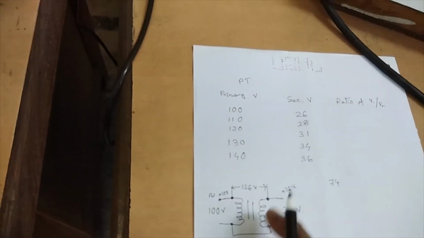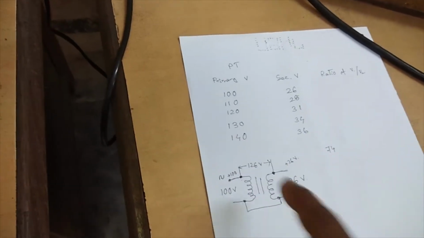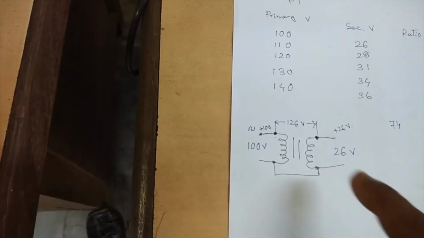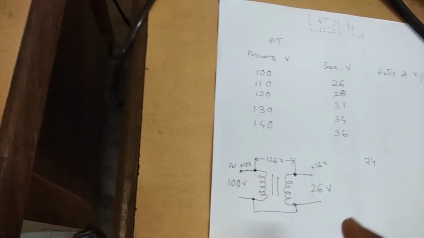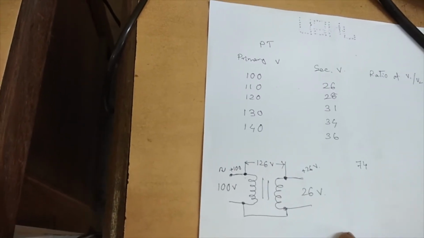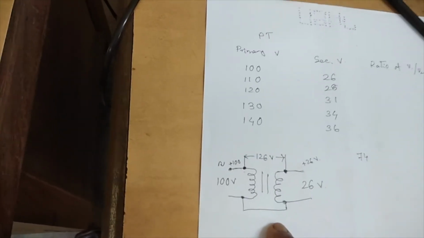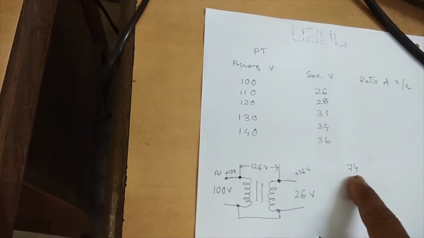So if the voltage between those two points is 74 volt, then we can say that this transformer or PT is in same polarity or subtractive polarity.